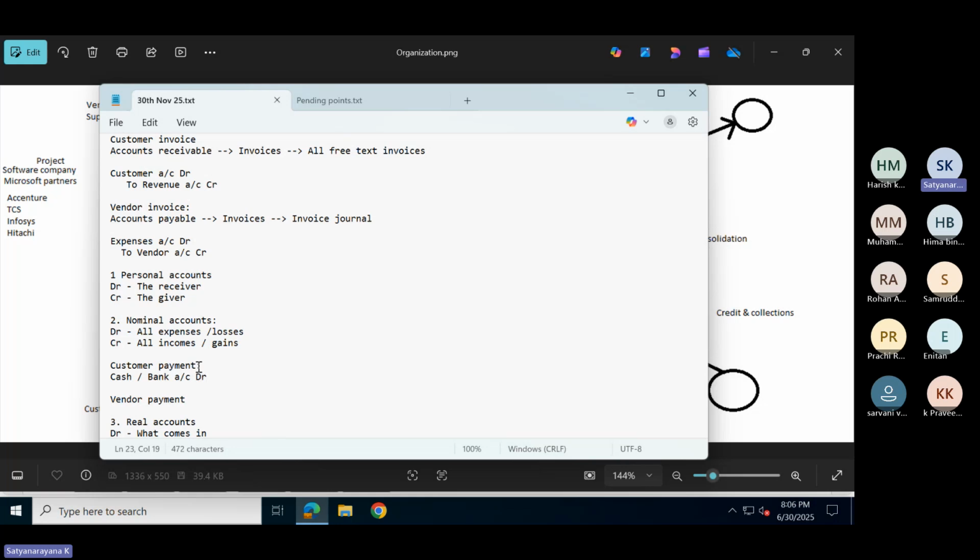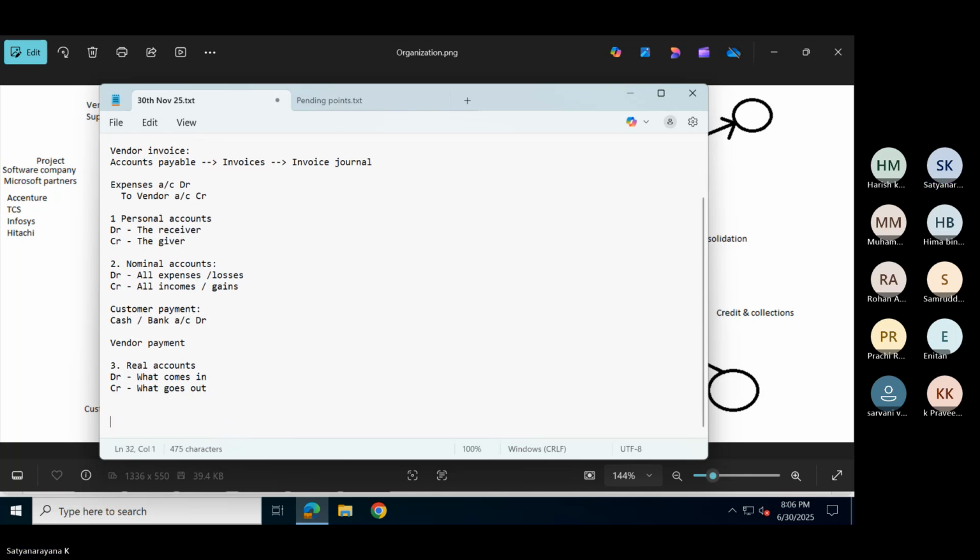This A/C means it is account, cash or bank account. So instead of writing like this, people will write like this. Okay. So here this rule is debit what comes in. That rule we are applying.